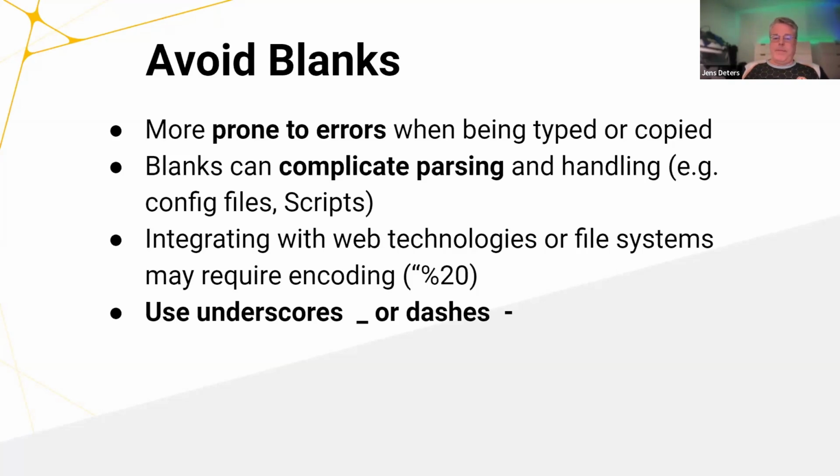Also, if you're using web technologies in your IoT systems, you may be required to encode these as %20 values. You should go for underscores or dashes. Please avoid blanks in your topics.